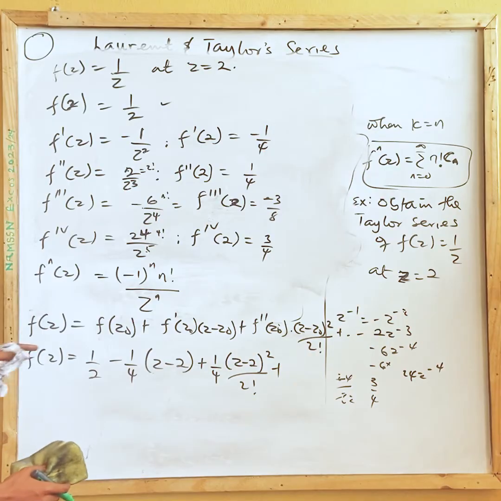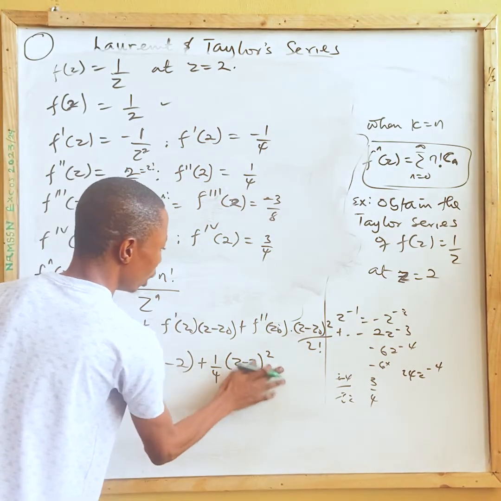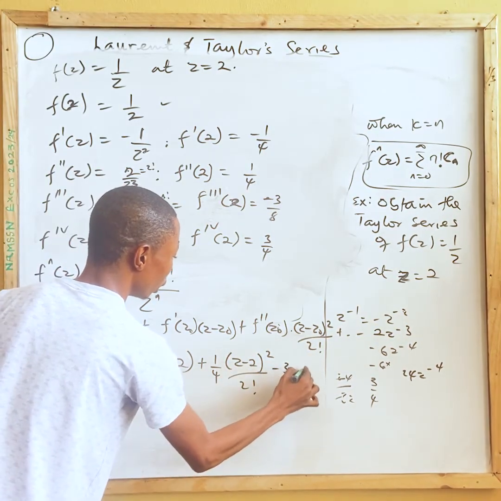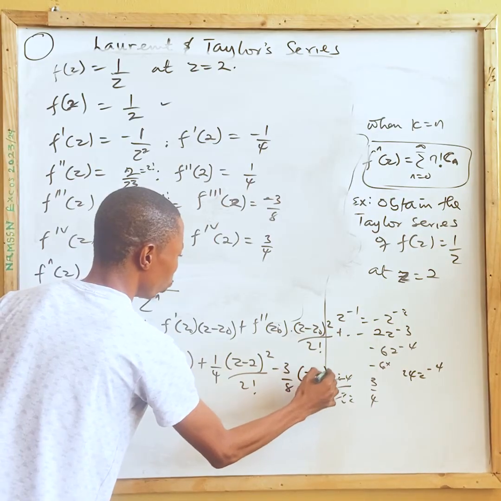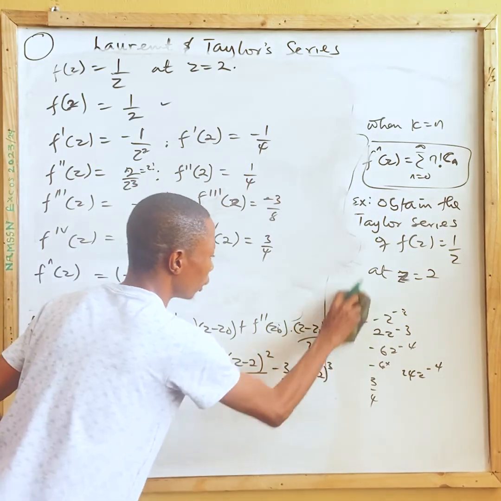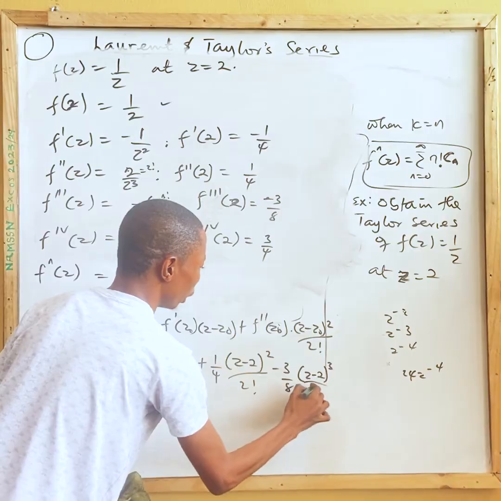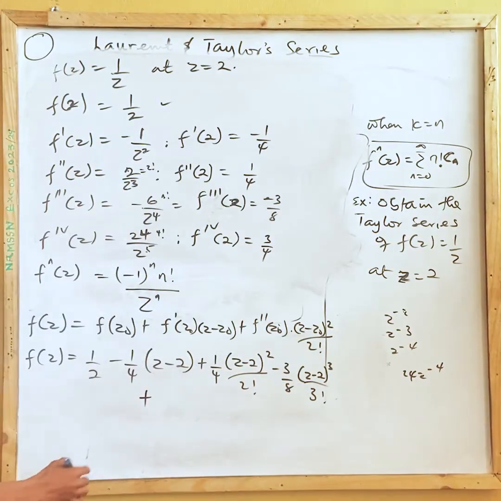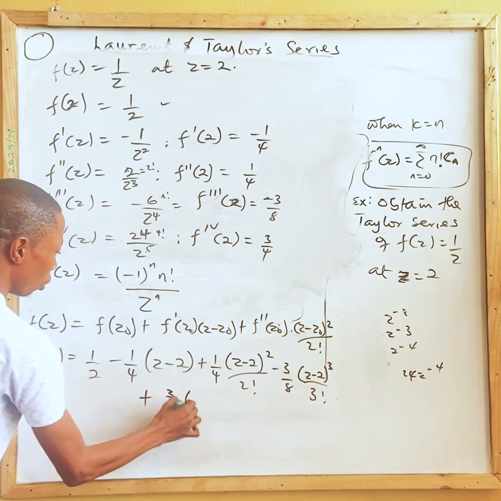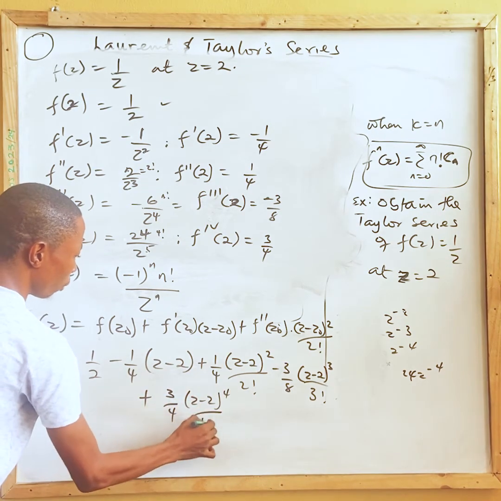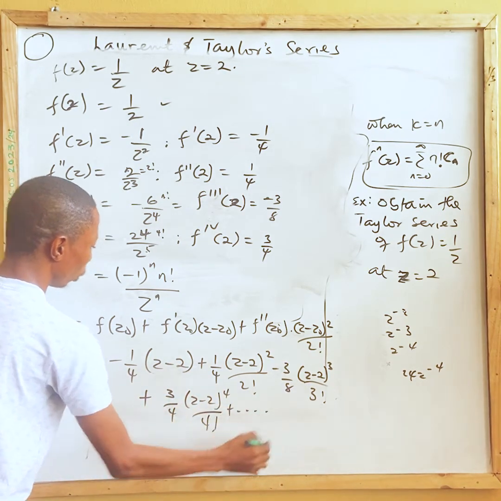Plus the third derivative, which is minus 3 over 8, so minus 3 over 8 times z minus 2 raised to power 3 divided by 3 factorial. Plus the fourth one, 3 over 4 times z minus 2 raised to power 4 divided by 4 factorial, and so on like that.